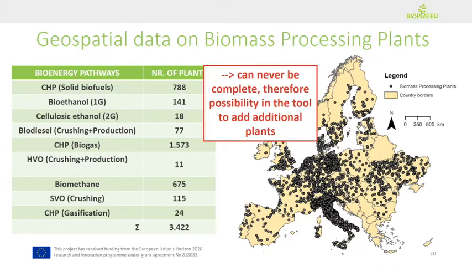And what is also nice, I think it will also be shown later on live, that you can also add your additional plant. So if the plant is to be built or something is going on, then this is a possibility.